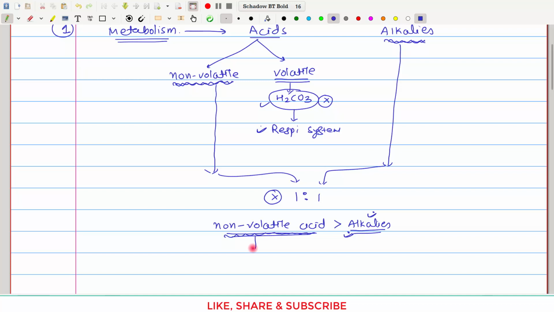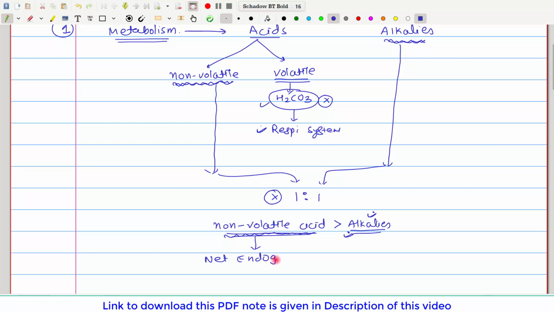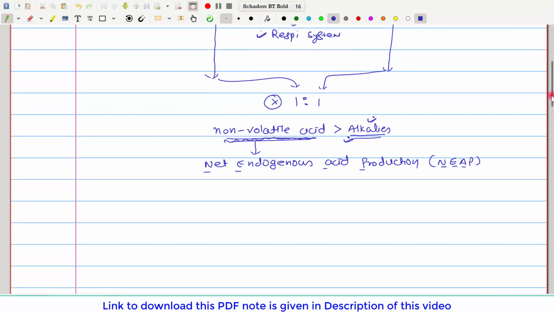These leftover non-volatile acids are called net endogenous acid production. This also goes by the short form NEAP. Now, how much net endogenous acid production is there?